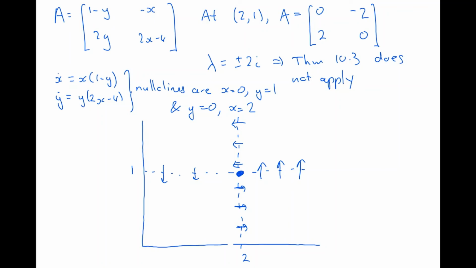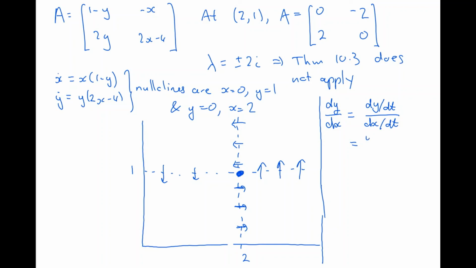And luckily for this particular system, there is something else, although it doesn't work for all systems, but it does work for this particular one. And that is the following. You can actually solve it and find the orbits. You can get dy/dx. That will be dy/dt divided by dx/dt. This is an application of the chain rule.